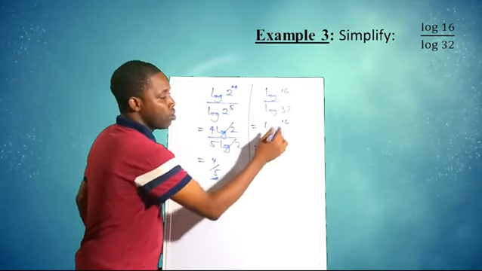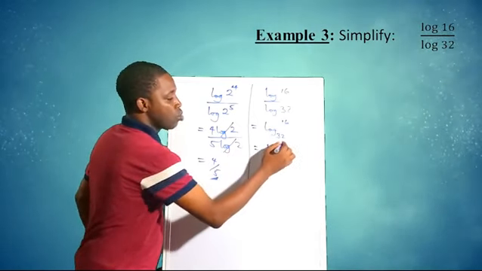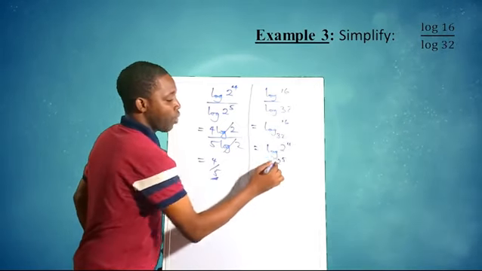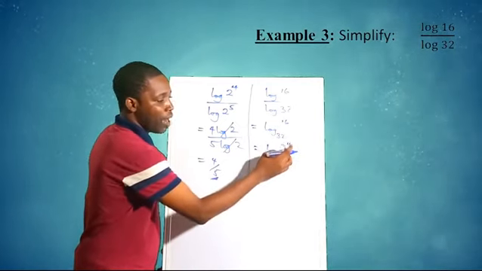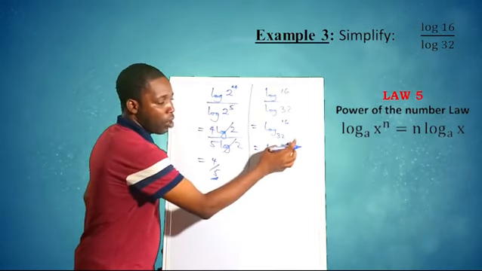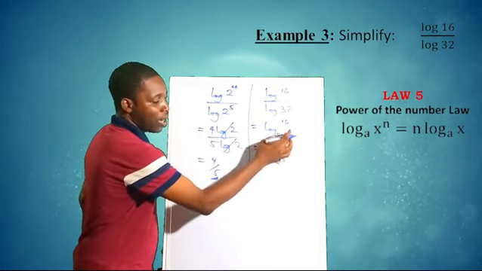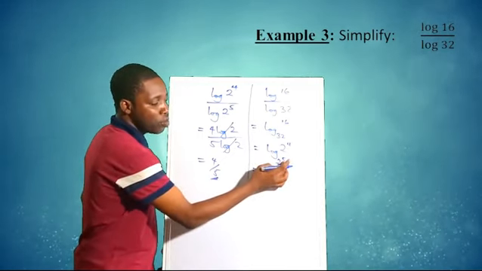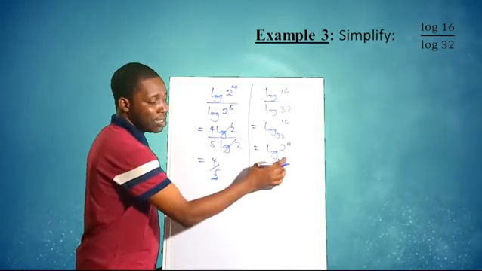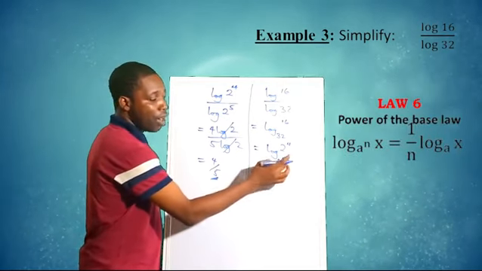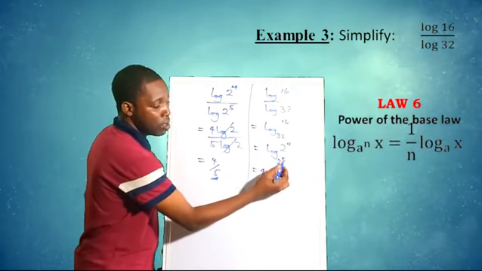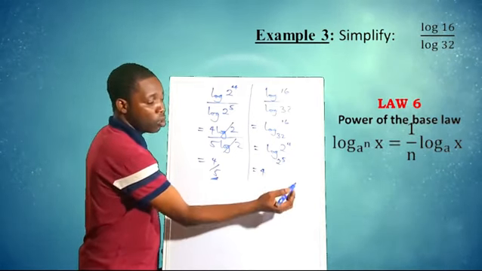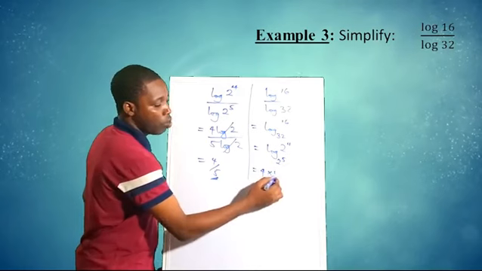So that we have 16 is 2 raised to power 4 and 32 is 2 raised to power 5. The power on the number can come to the back as a whole number, that is 4. But the power on the base will come as a reciprocal. The power on the base is 5. So the reciprocal of 5 is 1 over 5. So this will be times 1 over 5.